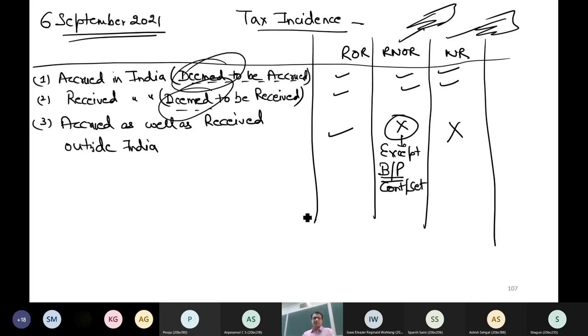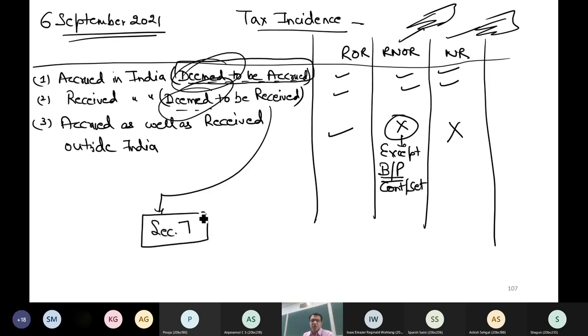That's it. I hope the point is clear. Now the discussion will be on what are those cases where income is deemed to be accrued or deemed to be received. As far as deemed to be received is concerned, we have section 7, which I will not discuss with you. I will first discuss the cases where incomes are deemed to be accrued in India. It is section 9.